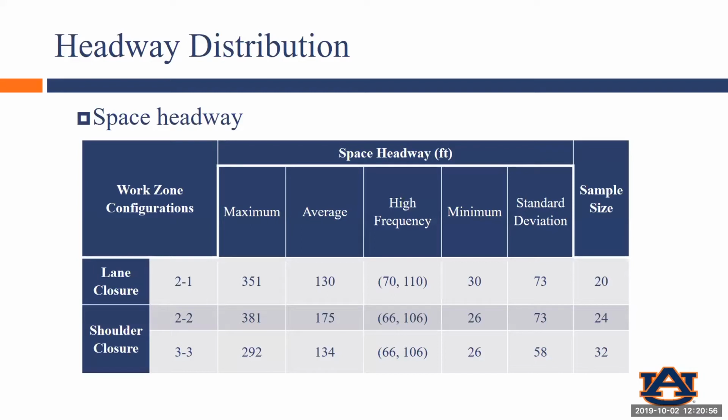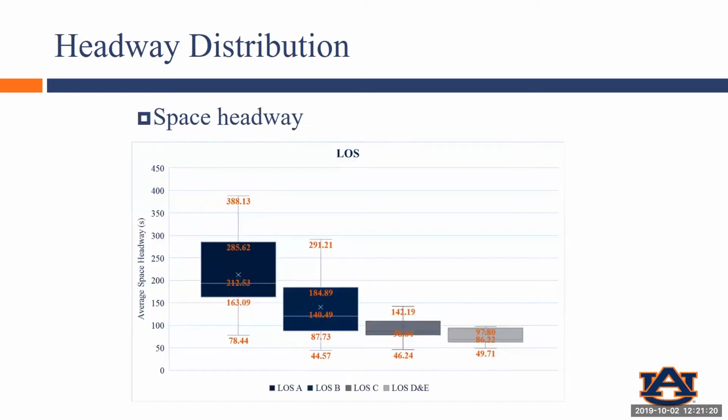We also looked at the space headway. For the two different work zone configurations, it shows an average of 130 feet to 175 feet for the shoulder closure, along with the sample size and high-frequency spacing headway.